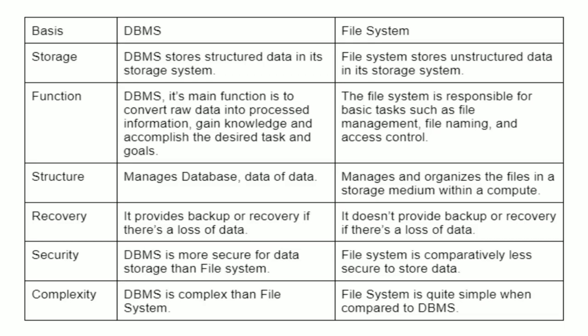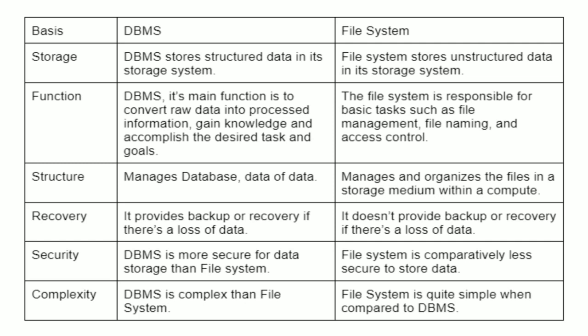Next, the difference between DBMS and traditional file system. The first parameter is storage. DBMS stores structured data in its storage system, whereas a file system stores unstructured data. In a file system there is no proper structure of data.